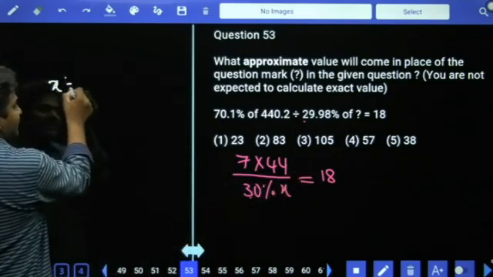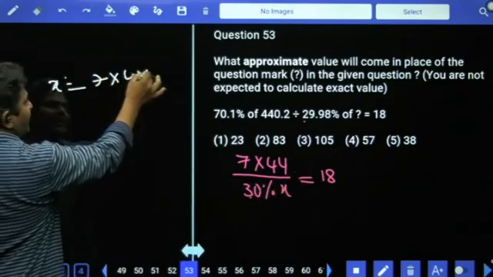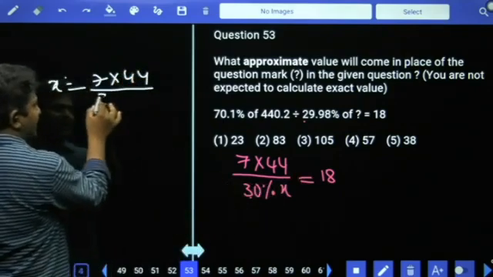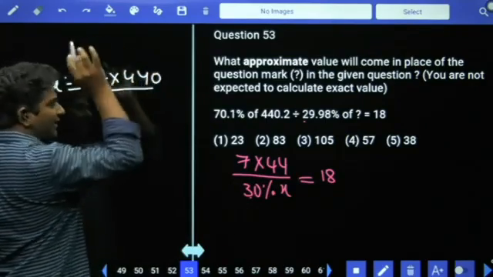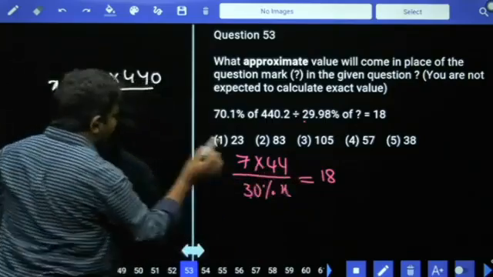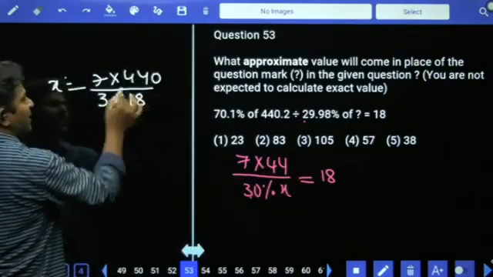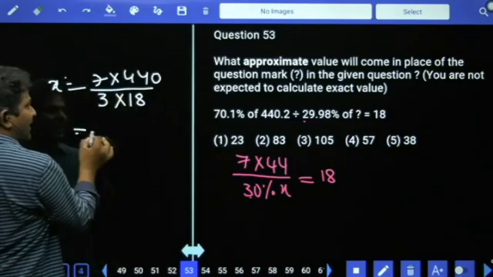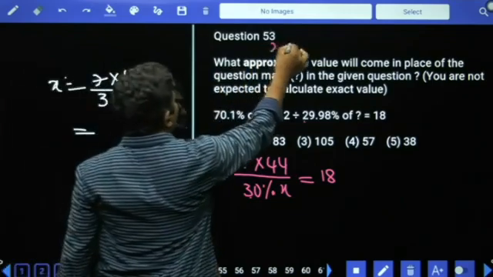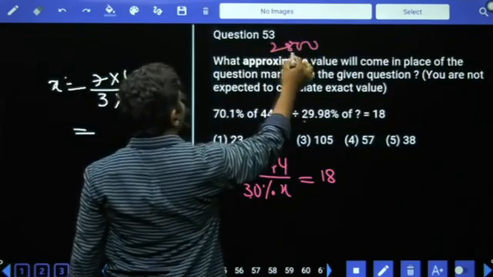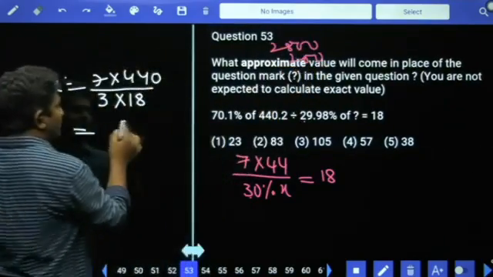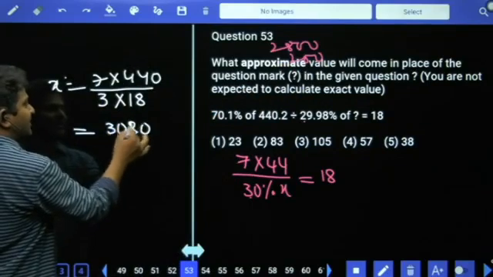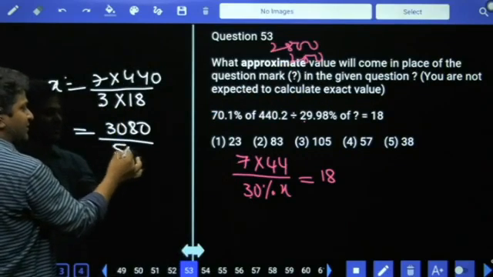Then x is equal to 7 into 44 divided by 30%, that is 3 by 10. The 10 comes to the numerator and 18 will come to the left hand side denominator. 2800 plus 280 is 3080, divided by 18 times 3, which is 54.